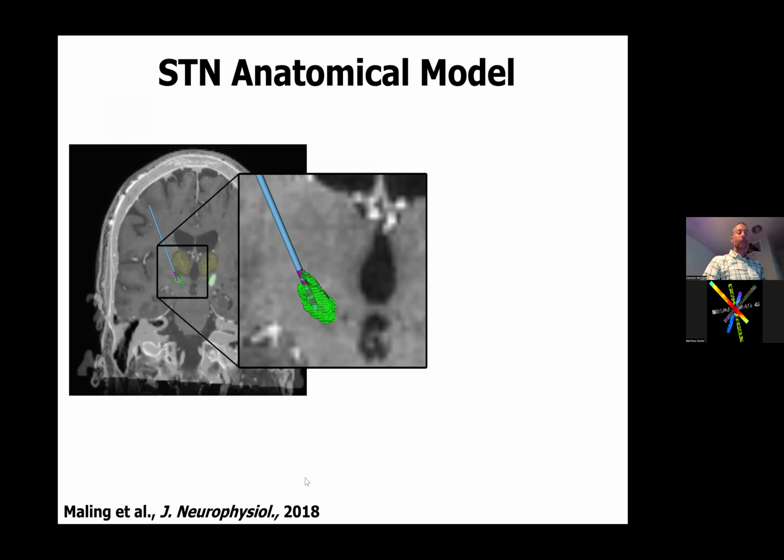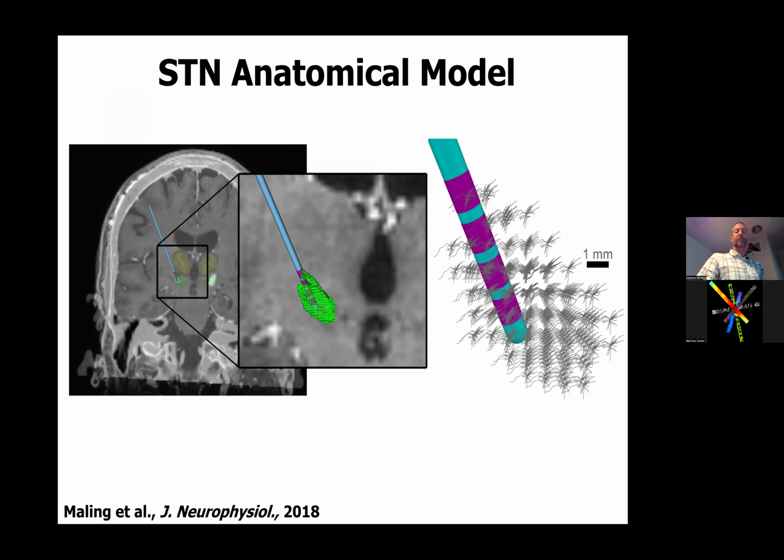Our group has a long history of using clinical MR data sets to create what we call patient-specific anatomical models of the thalamus here in yellow, the subthalamic nucleus in green, and then the estimated placement of the deep brain stimulation electrode in that particular patient. So that would give us a model of the relative anatomy around our DBS electrode.